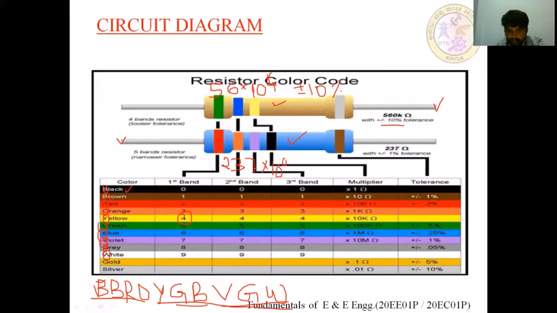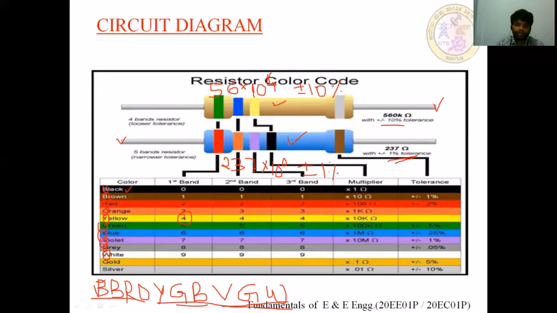The fifth band is brown. Brown means plus or minus 1% of tolerance. So after simplifying, we get 237 ohm plus or minus 1% of tolerance.